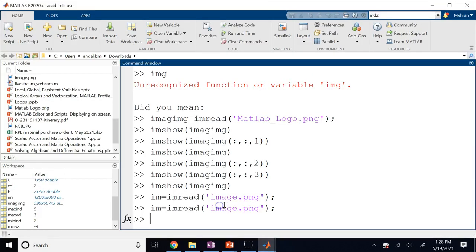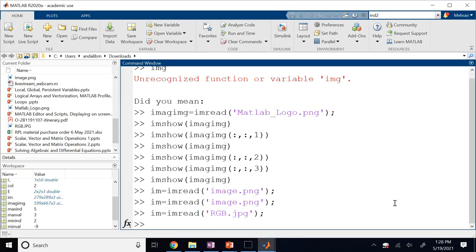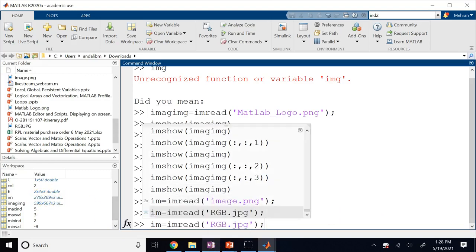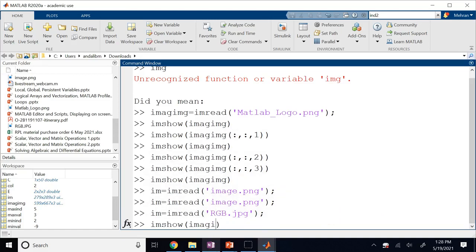So hopefully this is good. JPEG, and it is called RGB. So now if you see, it's 279 by 289 pixels by 3, right? And I can see that.